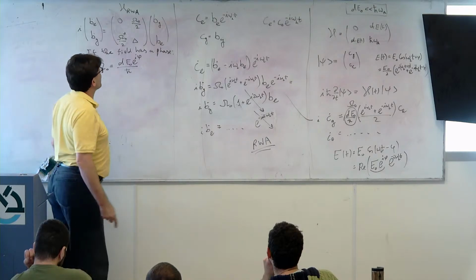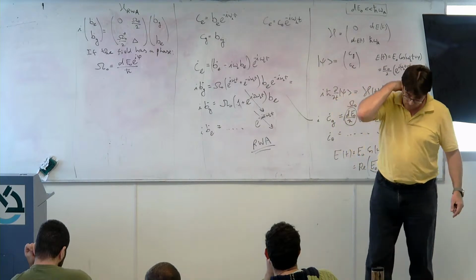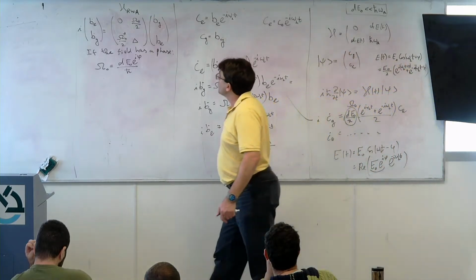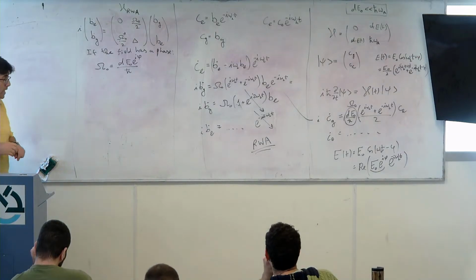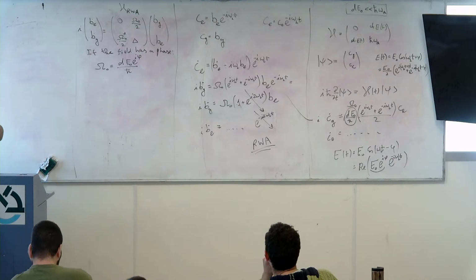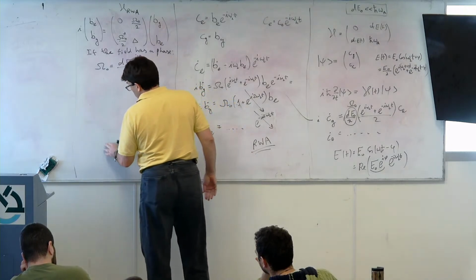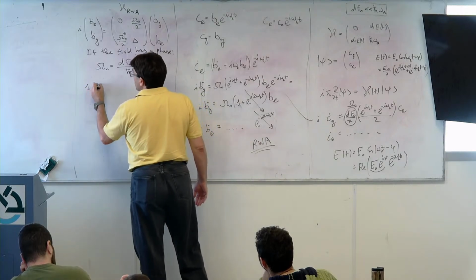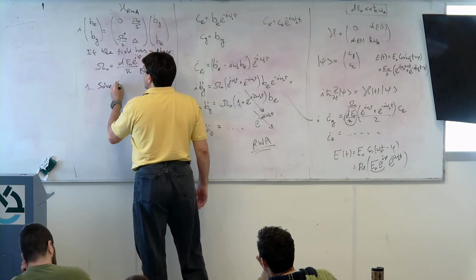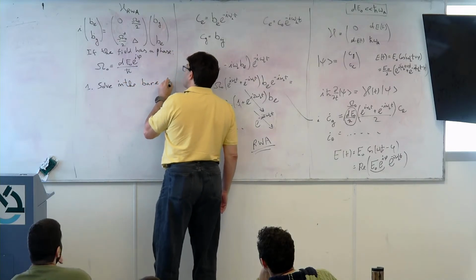Let me remind you of the second way that we did, and that was to say, let's diagonalize the Hamiltonian. So what we did last time was, one, solve in the bare atom basis.